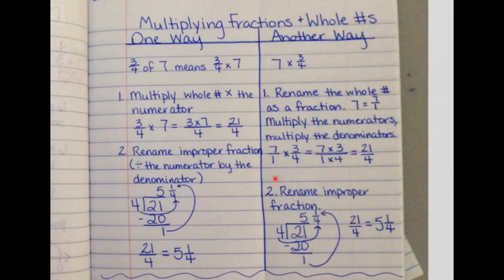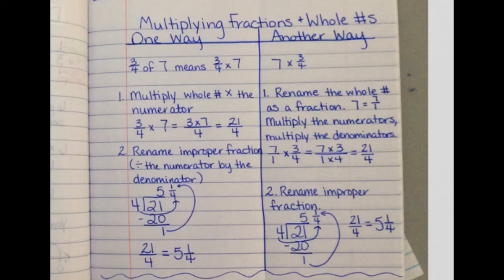The second way, another way over here in this second column. Just so that you remember, you can turn this around. 7 times 3/4 is going to be the same thing as 3/4 times 7. Step 1, rename the whole number as a fraction. 7 can become 7 over 1, 7 as the numerator and 1 as the denominator.